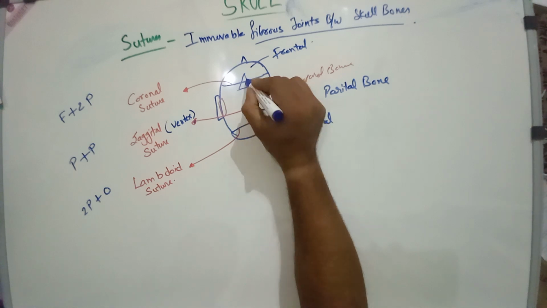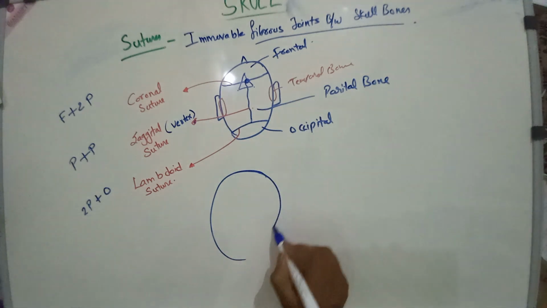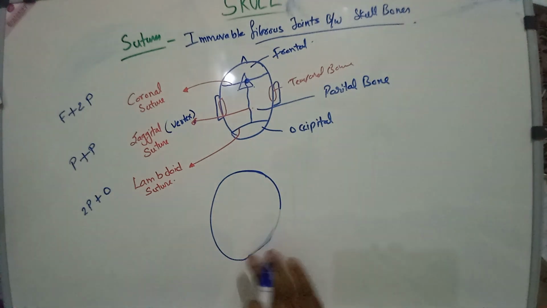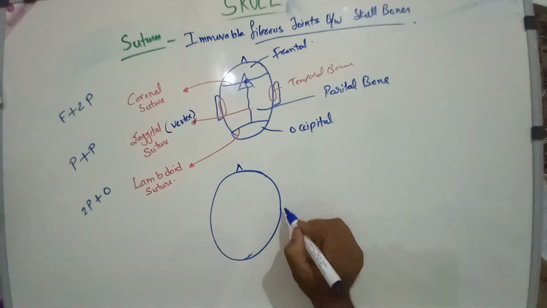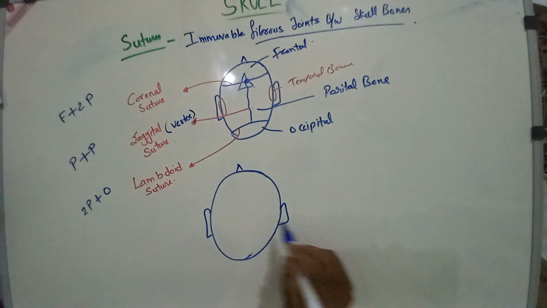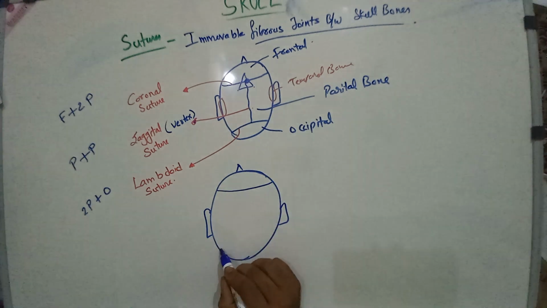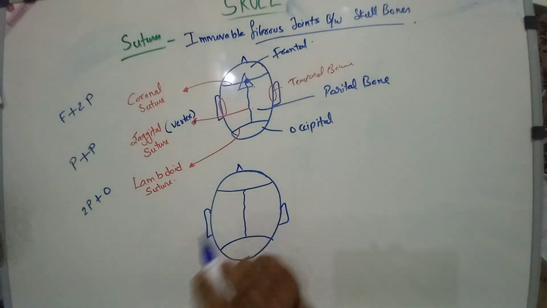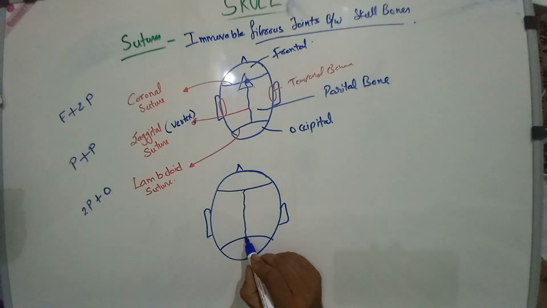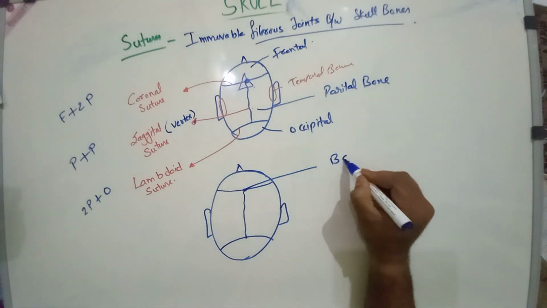Now I am making another diagram. Nose, and this is the coronal suture, lambdoid suture, sagittal suture, and this is bregma. What we call bregma.